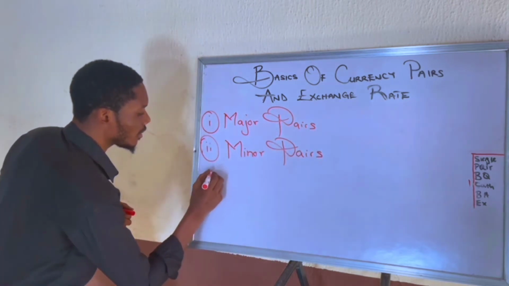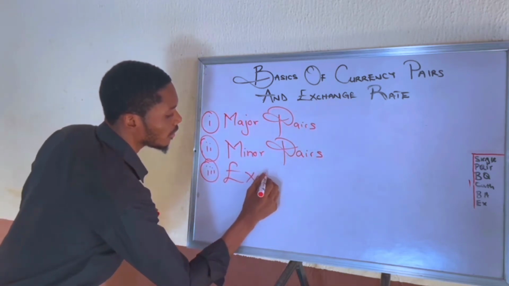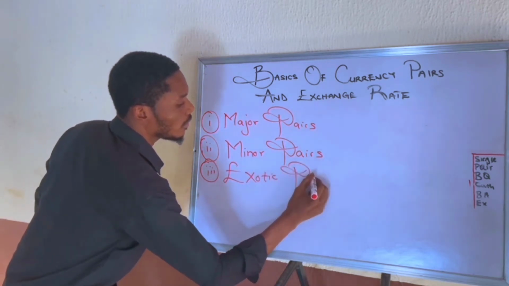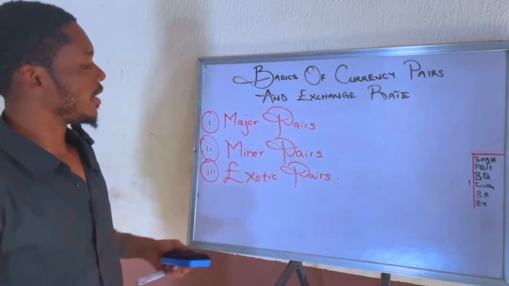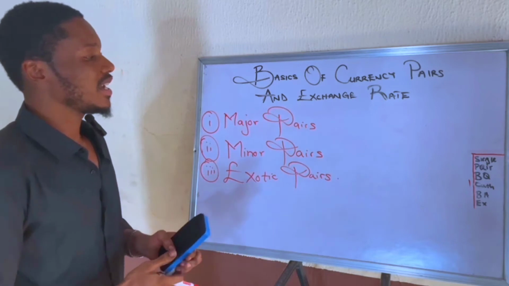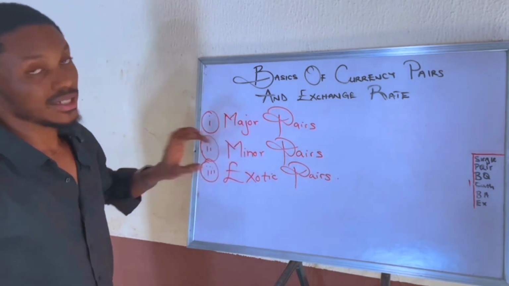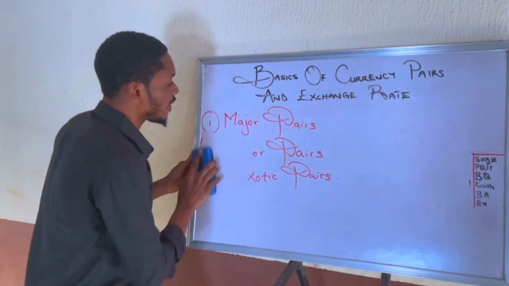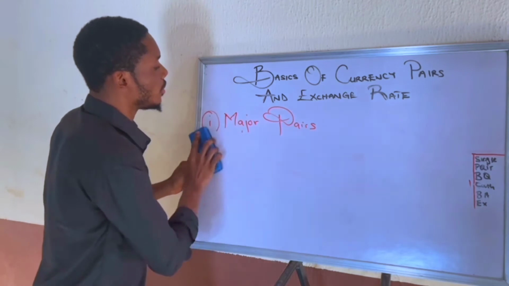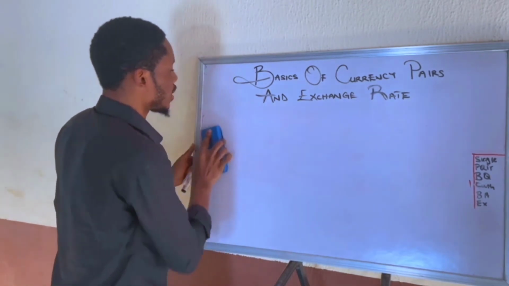And the third is exotic pairs. So we have the major pairs, the minor pairs, and the exotic pairs. This is the strongest, followed by this, and followed by this. Now let's explain them one after the other. Let's start from the major pairs. But before I do that, let me just write this quickly.